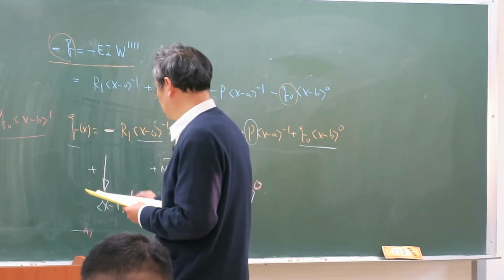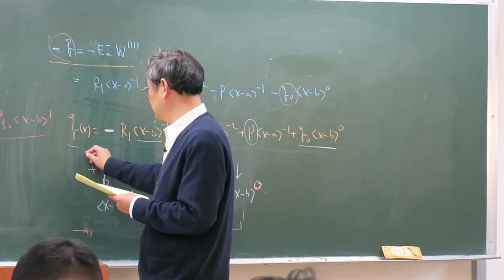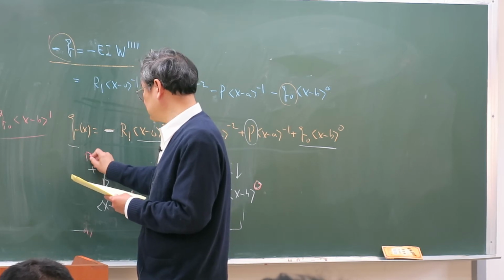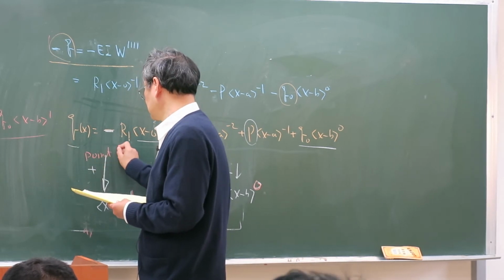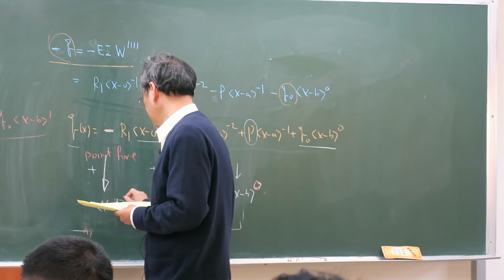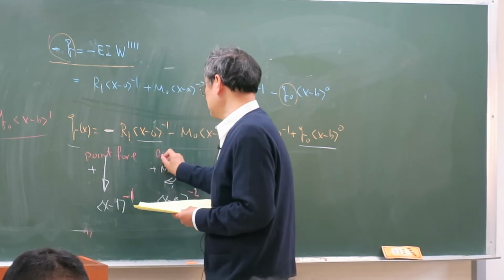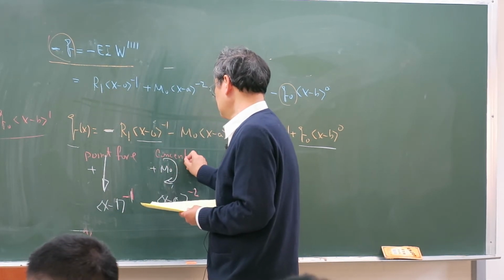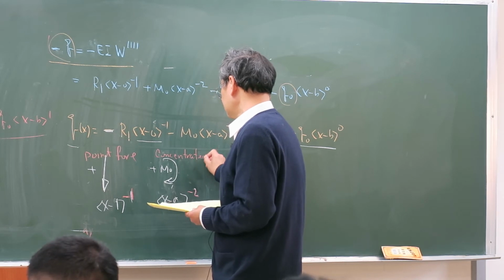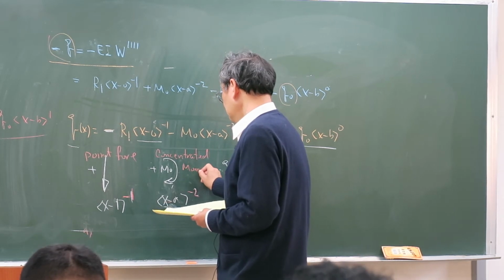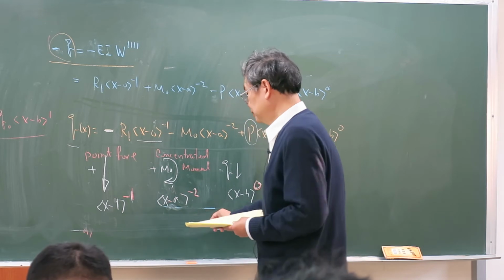So this is for a concentrated point force. This will be −1. And a concentrated moment is −2.